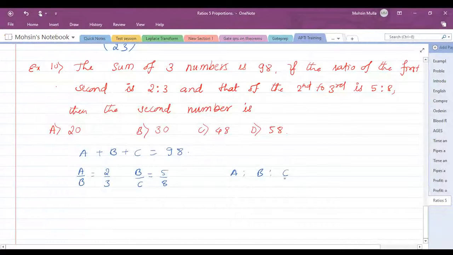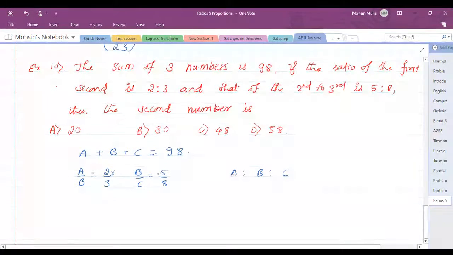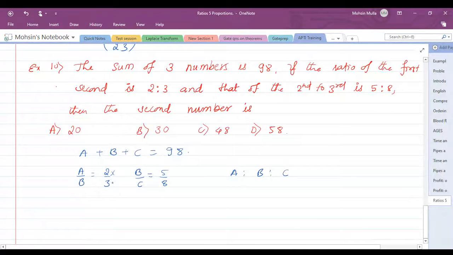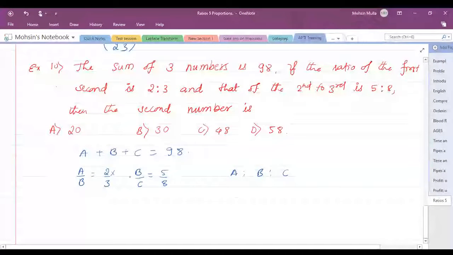Therefore, to make this the same, we take the LCM between the two and multiply with the corresponding multiplier. 15 will be the LCM between 3 and 5.